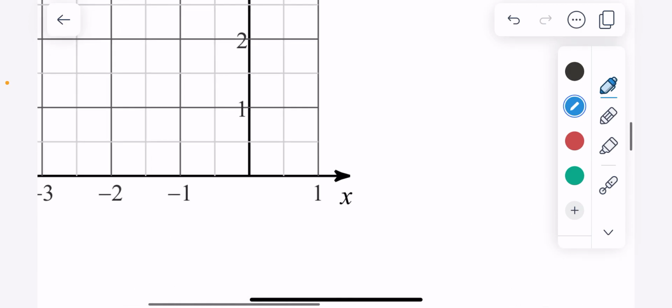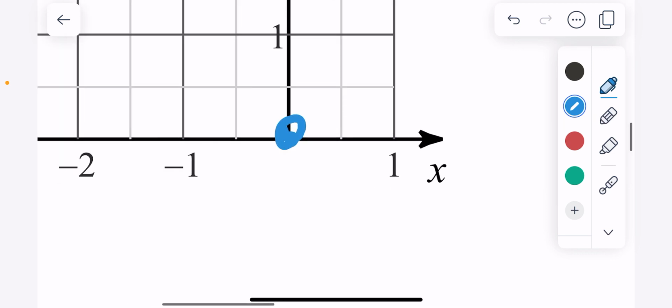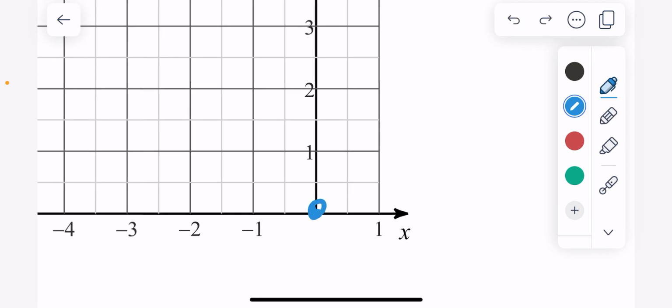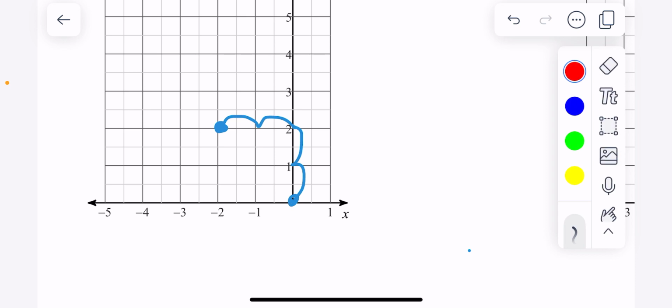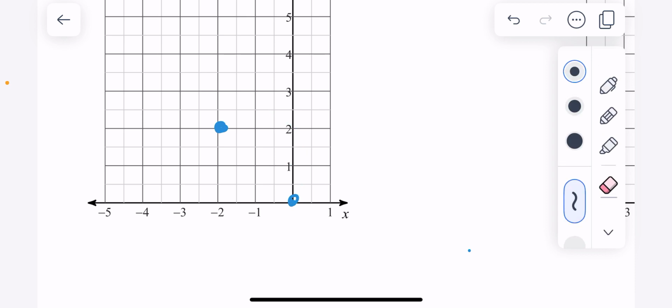So if my original point was on the vertex, and also some of these, you see how it's counting by 1/2. Don't get confused by that. You count a whole unit. So it's going to go up 2 to get to my new vertex, and also to the left 2. So this is my vertex. I'm going to erase this extra stuff.